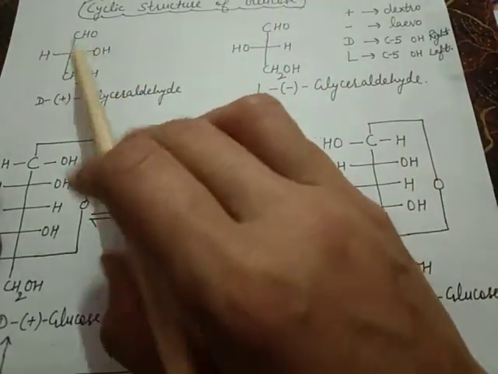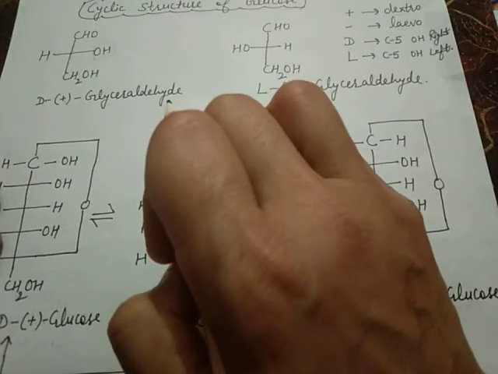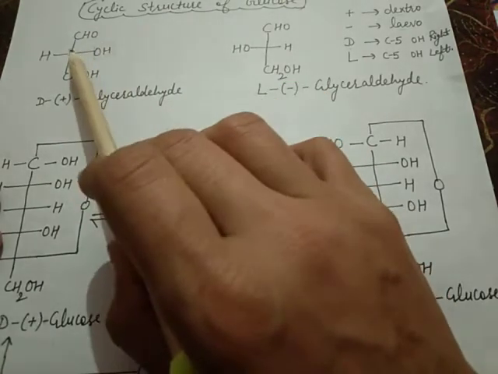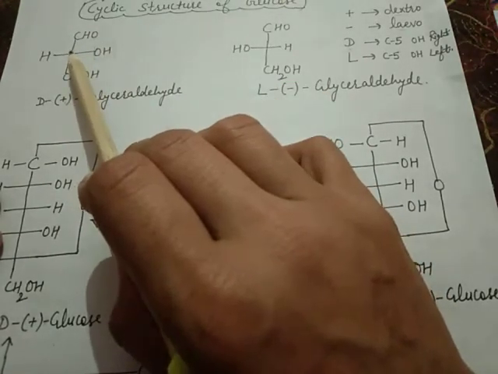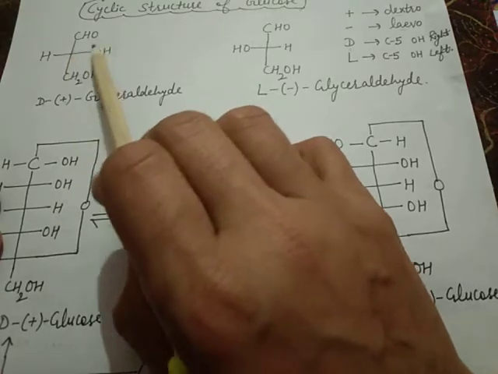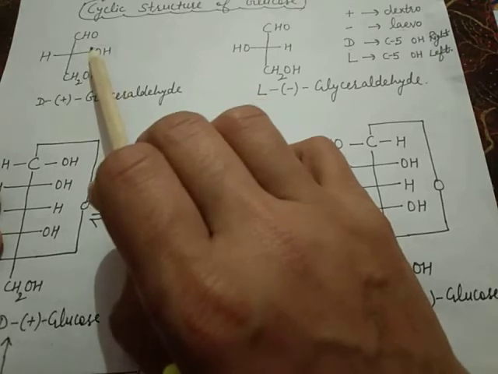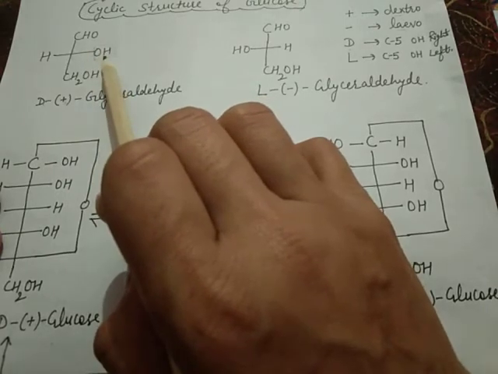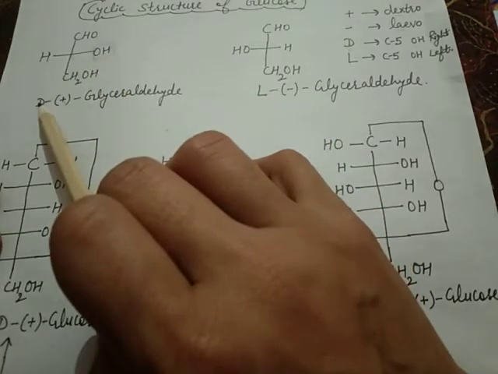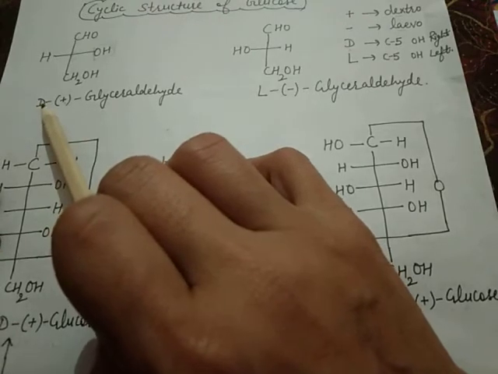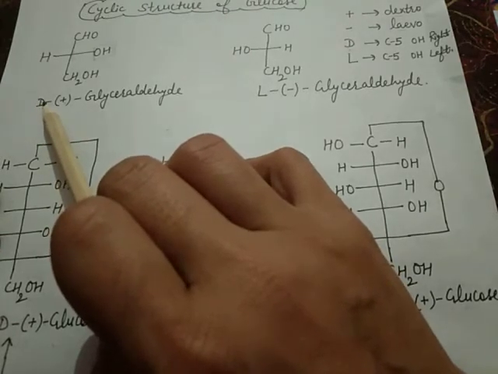Here we'll take the example of glyceraldehyde. This carbon having the OH group, if it is present on the right hand side, then it will form D configuration.